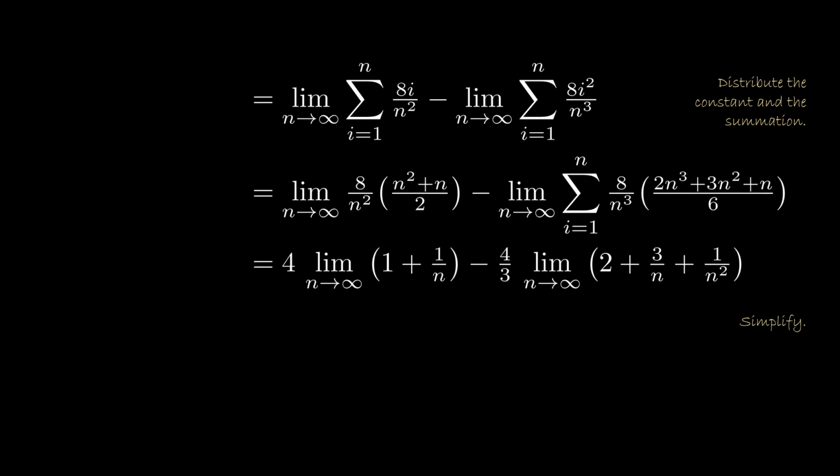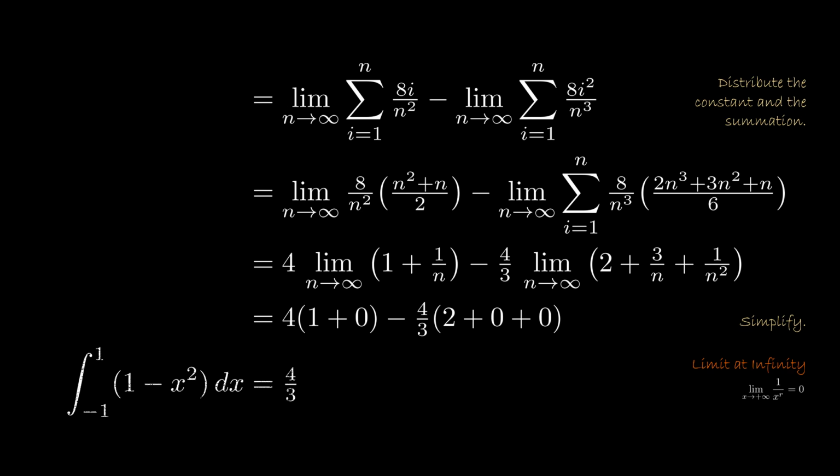Simplify the quotients. Divide out the common factors and move the constant multiplier outside the limit. Evaluate the limit using a limit at infinity rule. Thus, the integral of 1 minus x squared dx from -1 to 1 is equal to 4 over 3.